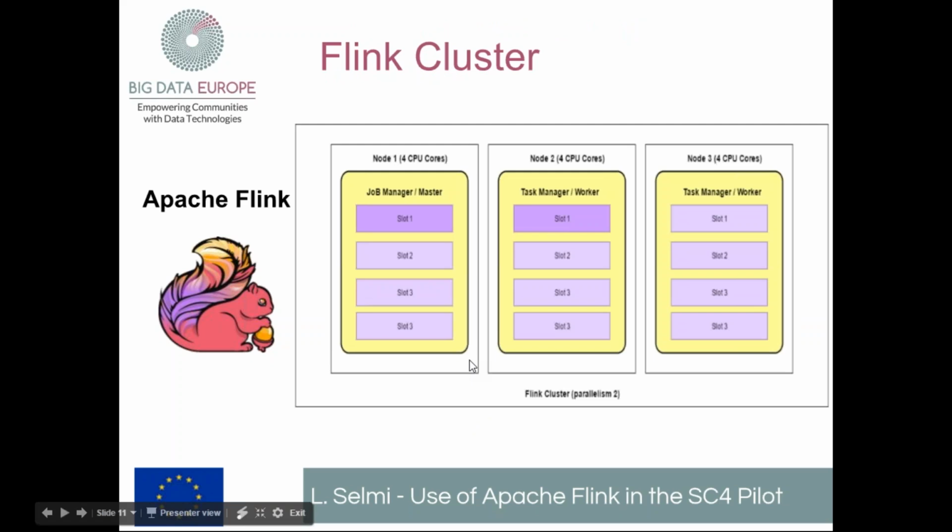Also, in this case, we will want a cluster, for example, the same 3 nodes with the Flink master and 2 workers with the slots for the jobs.